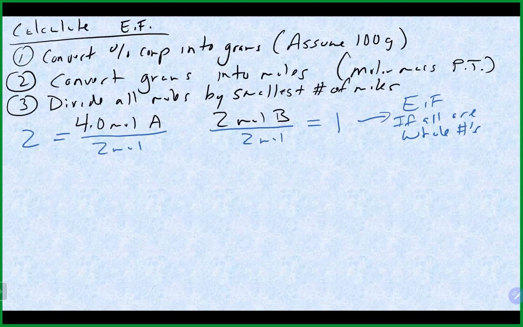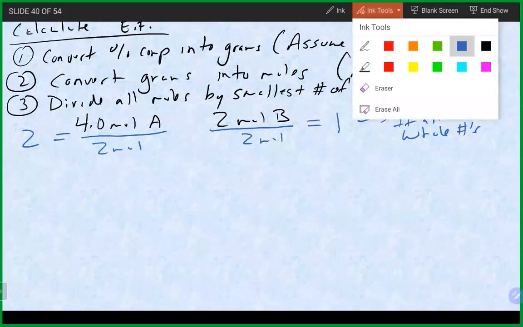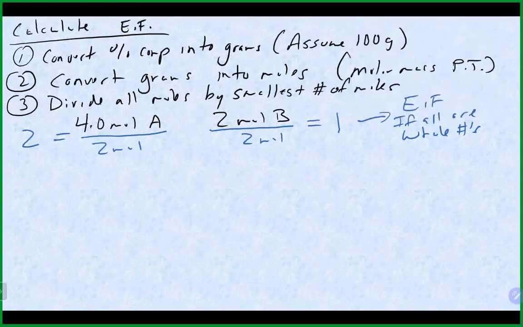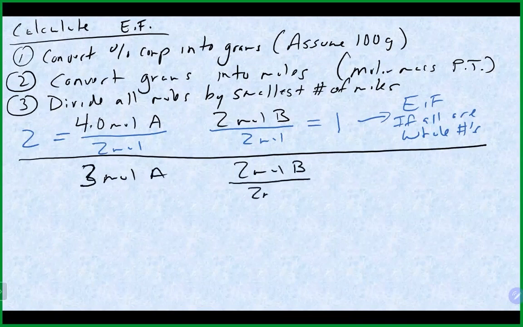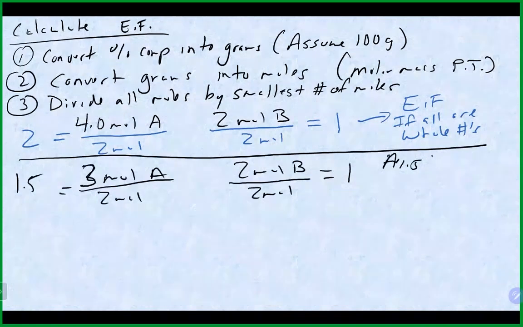So let's just say, for example, instead of 4 moles of A, we ended up with, when we calculated it, 3 moles of A, and we still had our 2 moles of B. Now, in this case, when we divide everybody by 2 moles, which is the smallest, and it's always the smallest you want to divide by, that gives us 1 for B, but gives us 1.5 for A. And this would give us an empirical formula of A 1.5 and B 2.